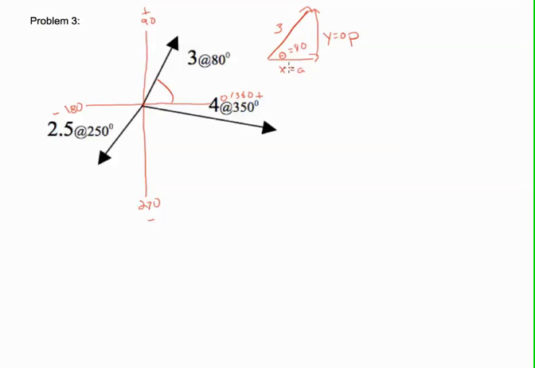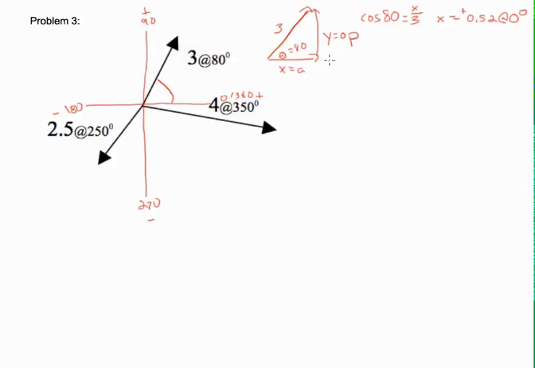So we can tell that our x is going to be very small and our y is going to be close to 3. To find that x, we'll do cosine of theta equals adjacent over hypotenuse. And we get that x is 0.52. And it's positive because it's pointing towards 0 at 0 degrees.